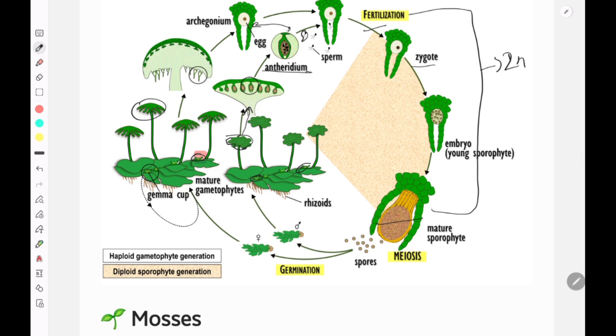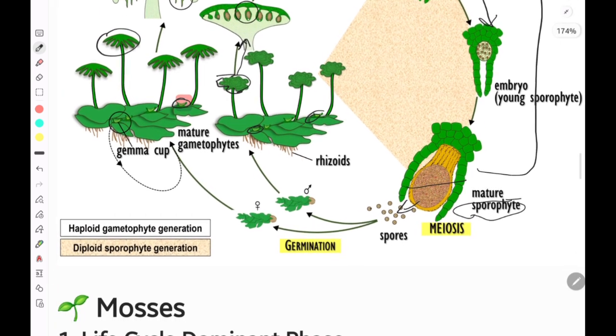After fertilization, the zygote develops into a young embryo, which further produces a mature sporophyte, and the mature sporophyte releases spores, which disperse to form male and female thalloids.